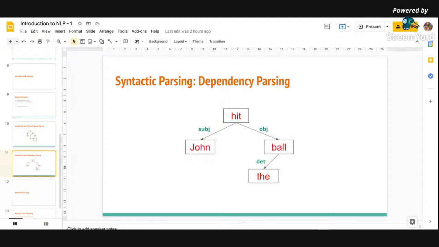You take a sentence like John hit the ball and translate it into another language, like Telugu: John ball ni kottadu. That is an example of sentence level processing. Similarly, question answering is another example. John hit the ball is a sentence, and you ask a question like, who hit the ball? Based on the sentence, you can identify that John is the answer.